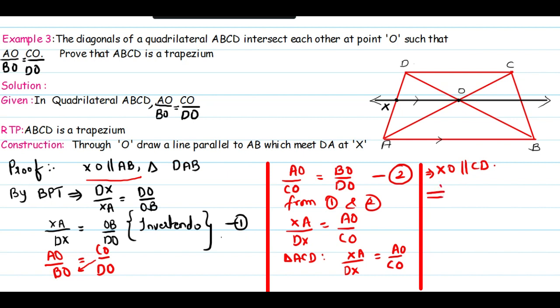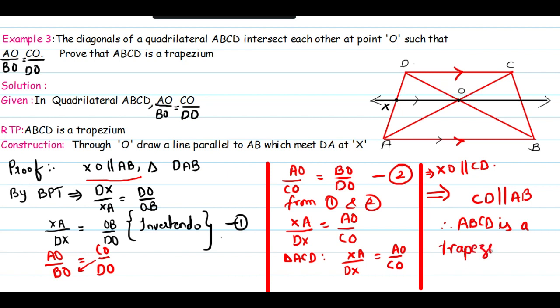By the definition of trapezium, our quadrilateral is a trapezium if one pair of sides are parallel to each other. So, we got the sides CD parallel to AB. Therefore, ABCD is a trapezium.